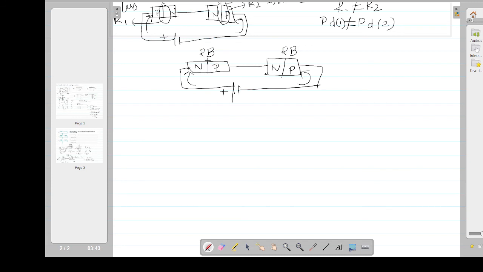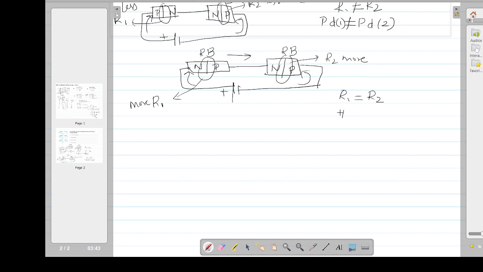In the reverse bias condition, the depletion region here, R1, will be high, and the depletion region here, R2, will be high. So in both cases the resistance value will be equal, R1 equal to R2. Both are reverse bias, so the depletion region is equal, and both are connected in series.